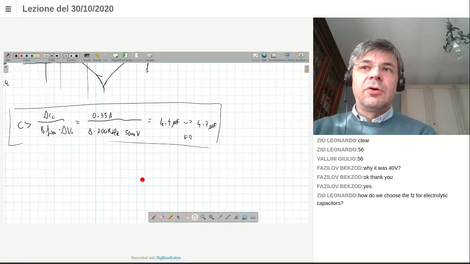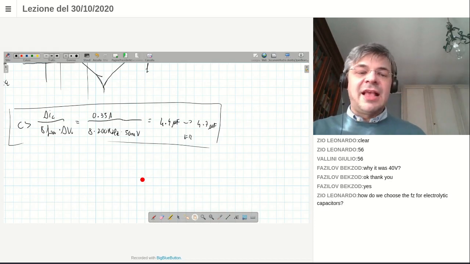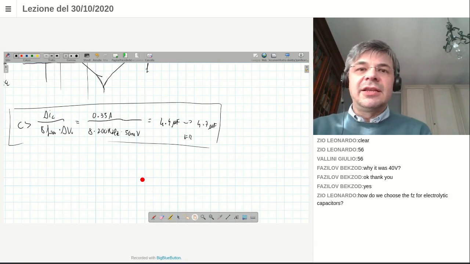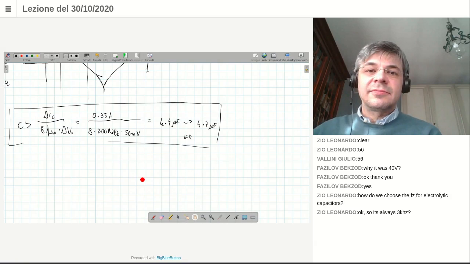It is not to be chosen. It depends on the technology. You can say, I want to use a tantalum capacitor. You know that for tantalum capacitors, Fz is 20 kilohertz. For a given technology, it is always the same.